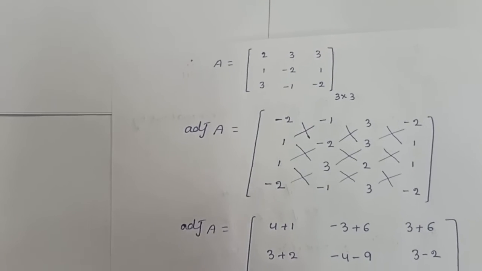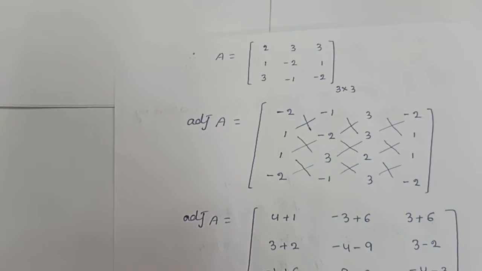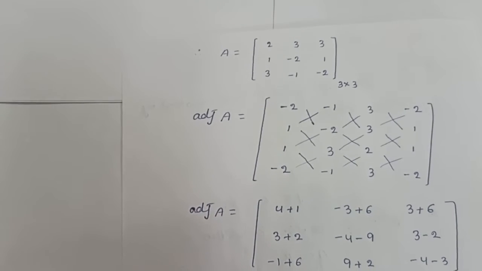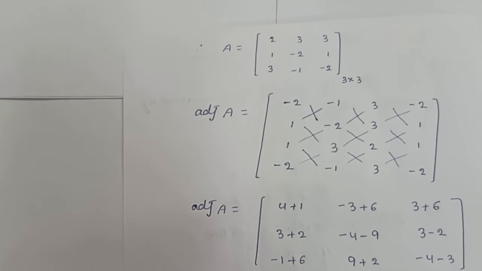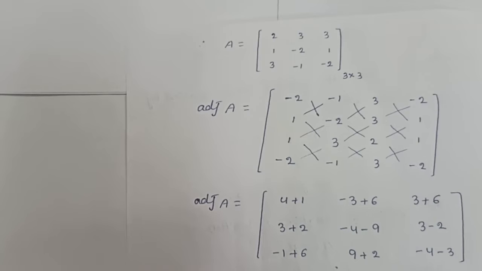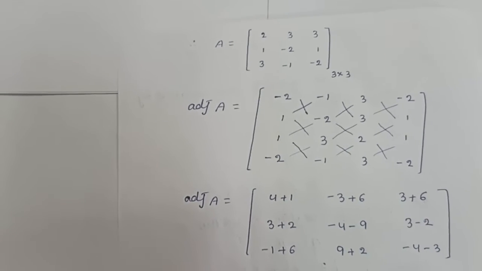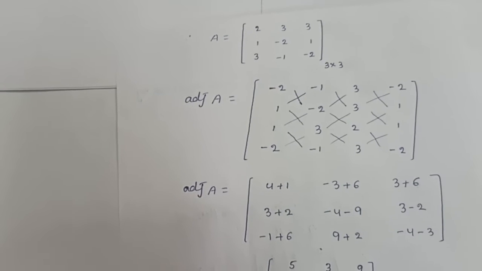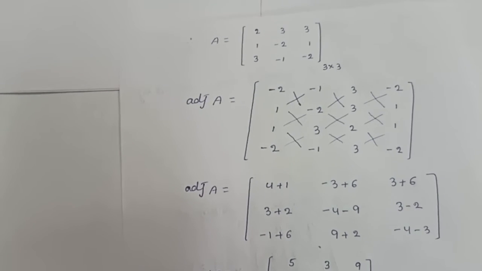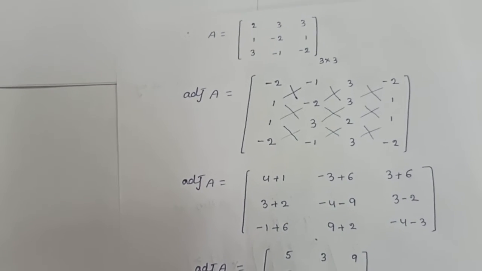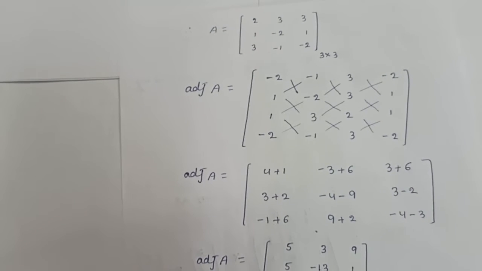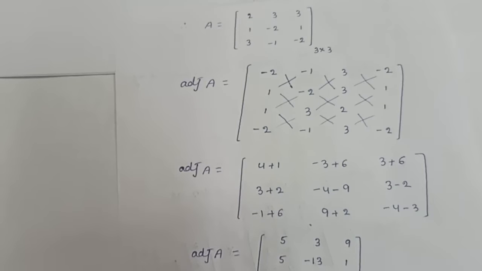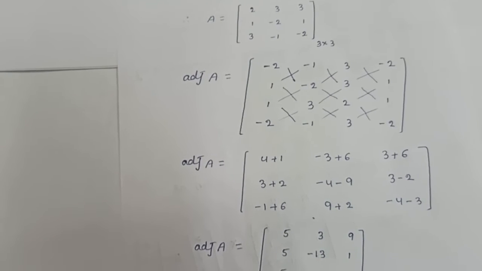The matrix A is equal to 2, 3, 3, 1, minus 2, 1, 3, minus 1, minus 2. This is a 3 by 3 matrix. So what do you want to find out? Adjoint of A. Already I told you this is a shortcut method, I explained to you. What is the second row middle element? Minus 2. Next one, 1. First one, 1.